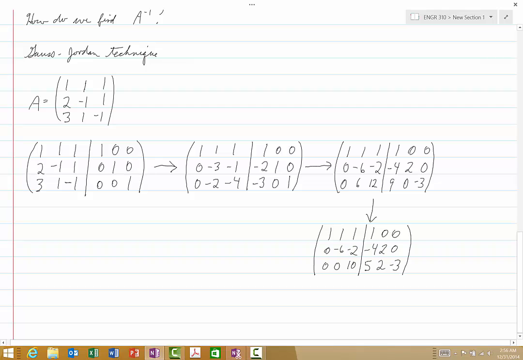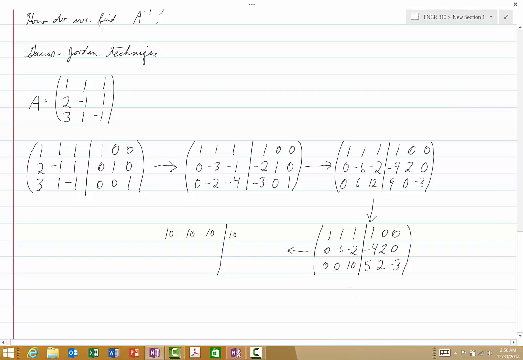Now at some point we're probably going to have to go ahead and introduce some fractions, but I'm going to hold out just as long as I can on that. So let's say we have the 10 down here, and so what I will do next is I'll multiply the top row by 10 and the second row by 5. So I'm going to have 10, 10, 10, and if you don't like to do it this way, that's fine. You do it whatever way you feel most comfortable with.